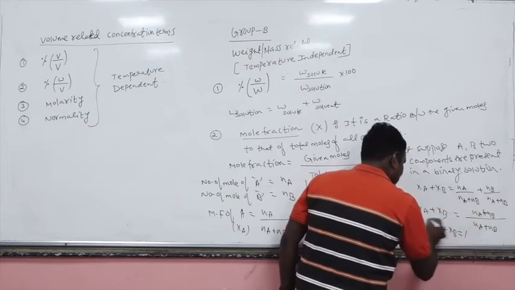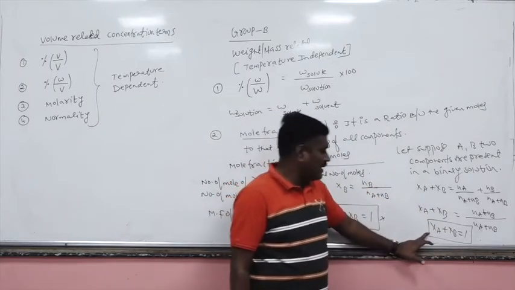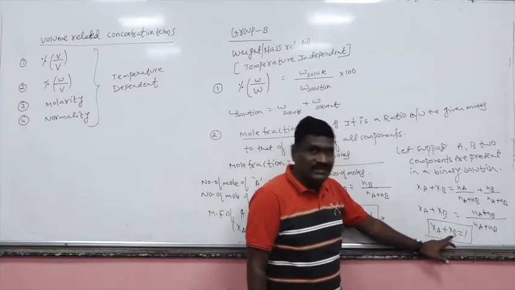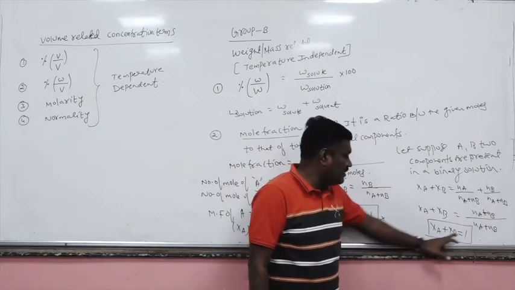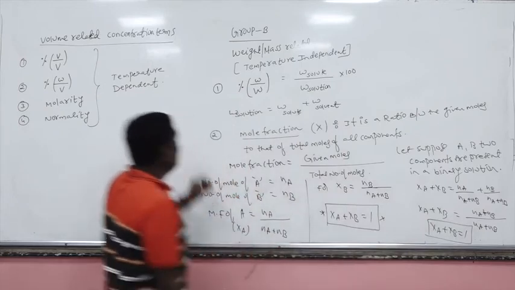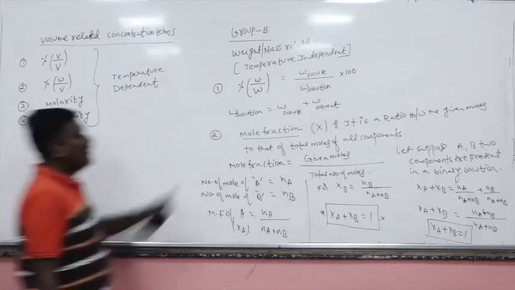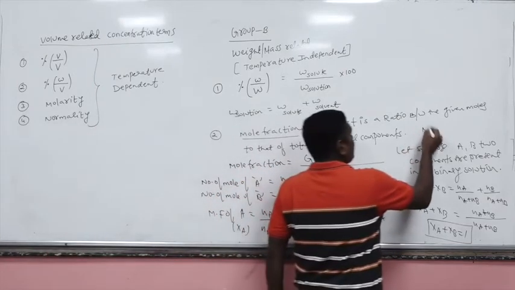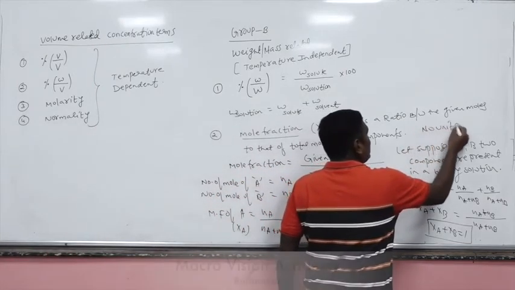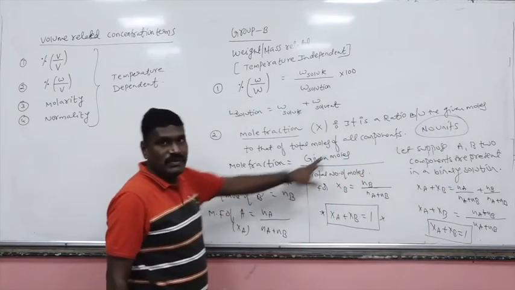This is very important. If we know the mole fraction of one component in the solution, can we find the mole fraction of another component? Yes, Xa is equal to 1 minus Xb, or Xb is equal to 1 minus Xa. So this is the second concentration method. Remember, mole fraction has no units. Why? Because it is a ratio. Given moles by total moles, moles get cancelled.